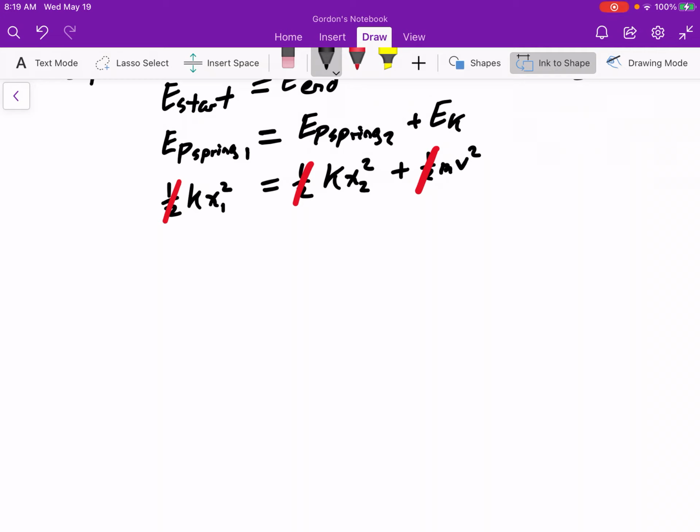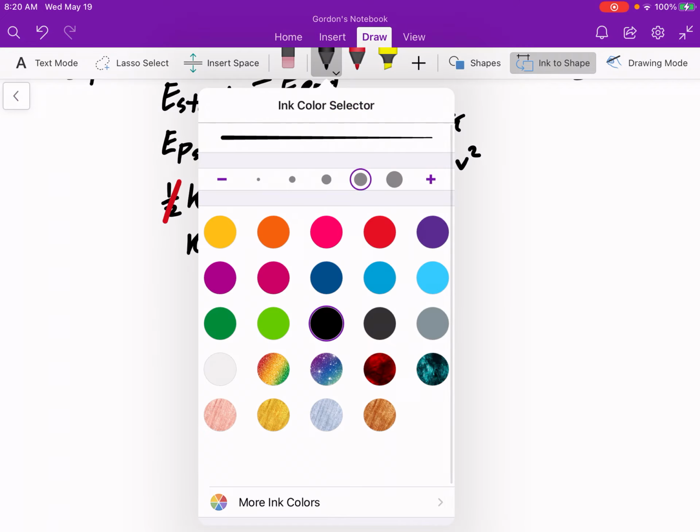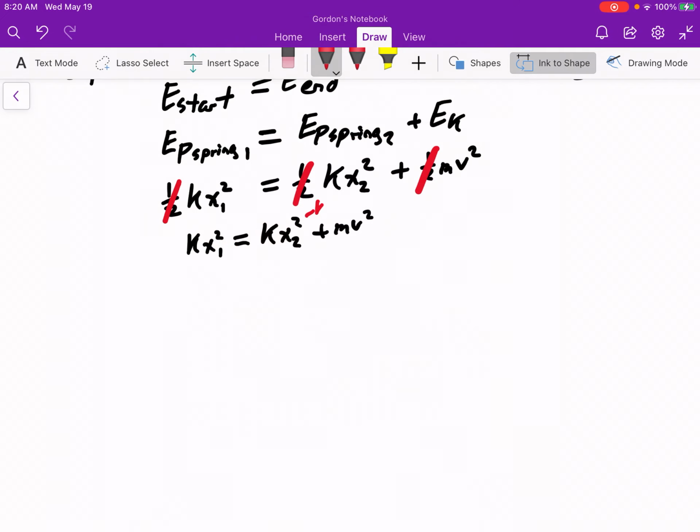So first of all, our 1/2s are going to be canceled out. And so again, we're trying to isolate this velocity here. So first thing we can do, we can subtract this kx2 squared from both sides, minus kx2 squared.